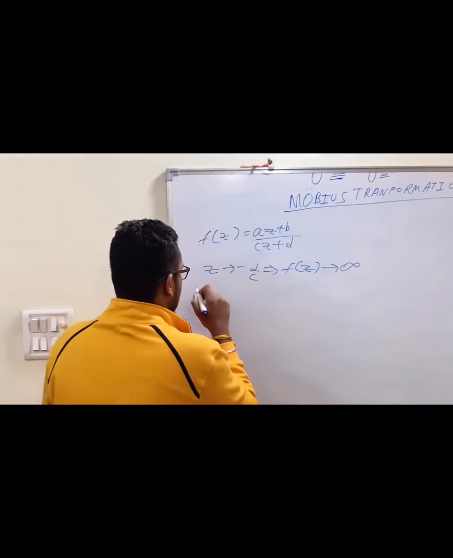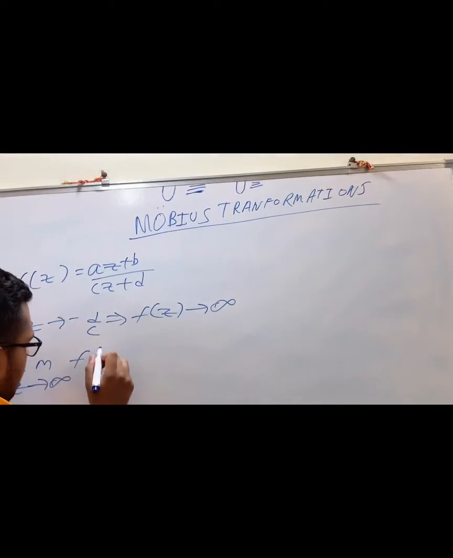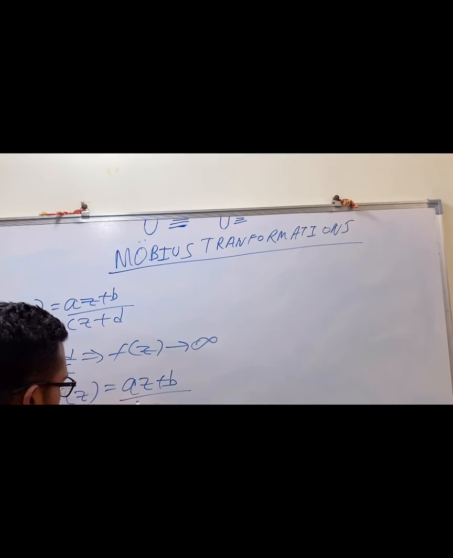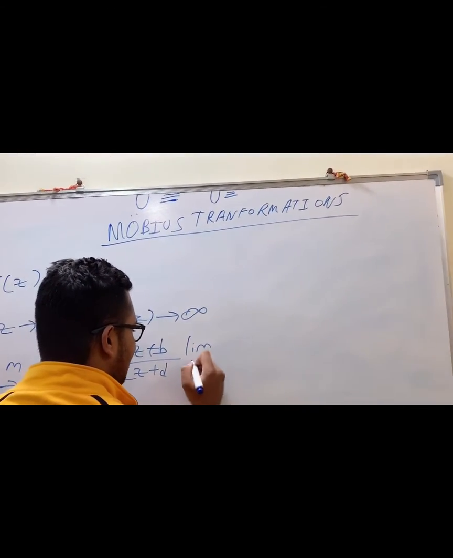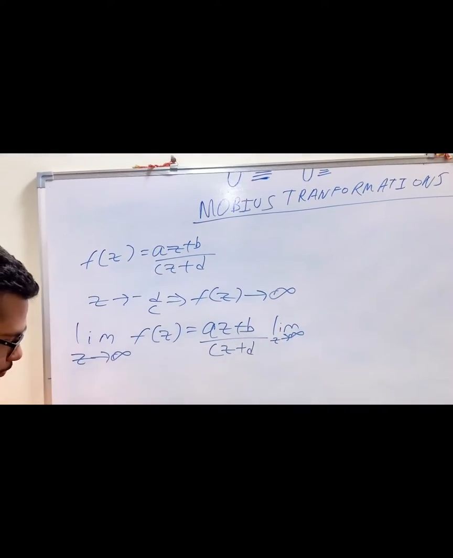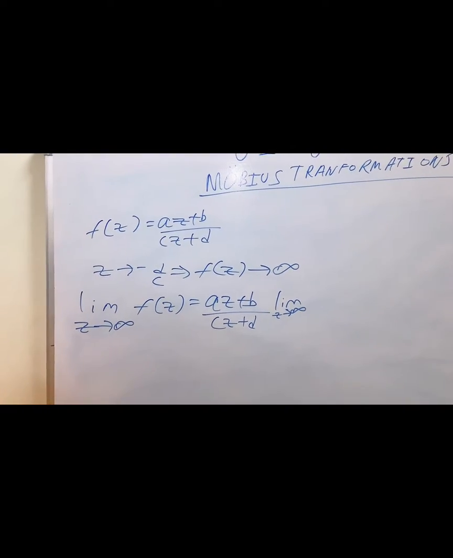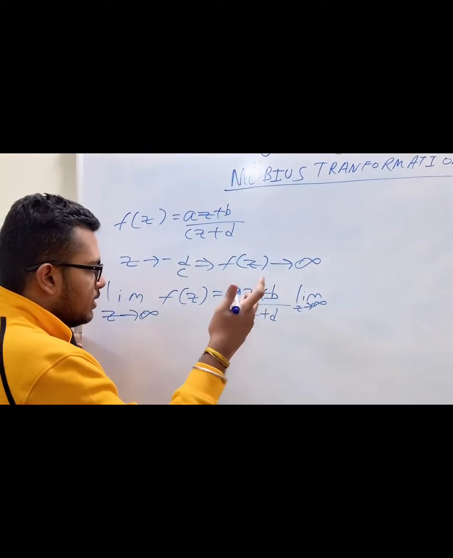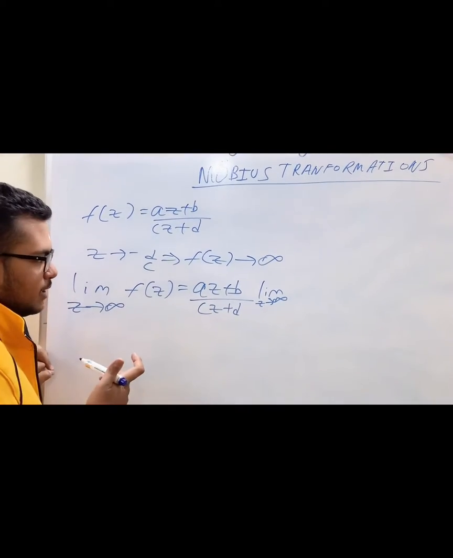So the limit of z tending to infinity of f of z, which is az plus b over cz plus d. This is an infinite form, which is absolutely appropriate for using L'Hopital's rule.